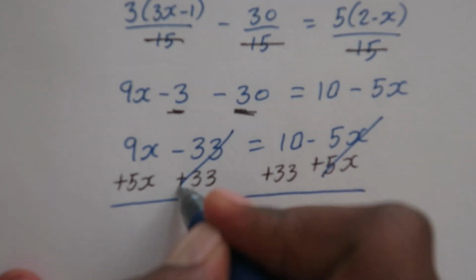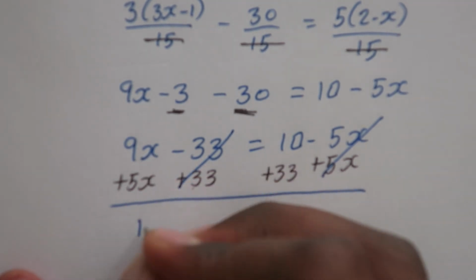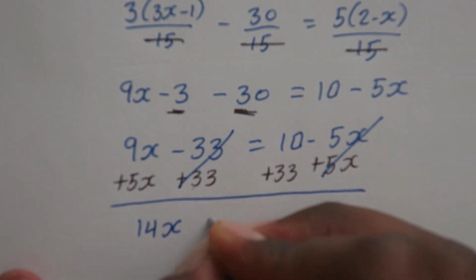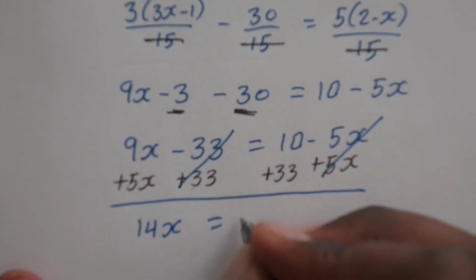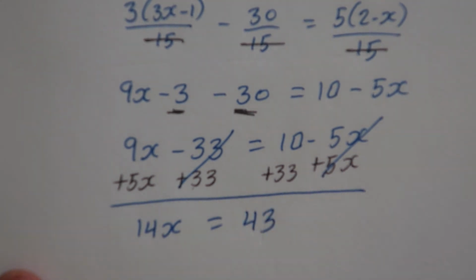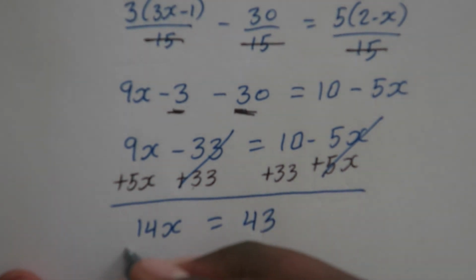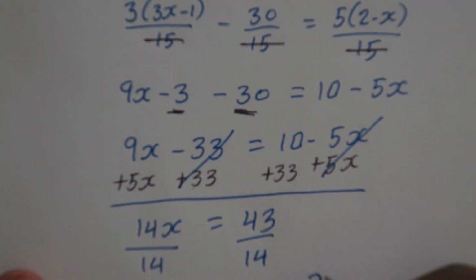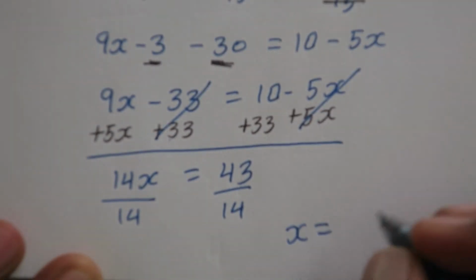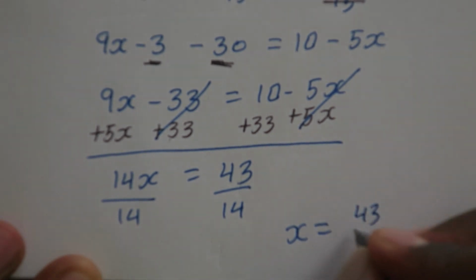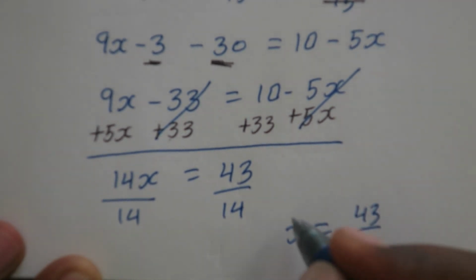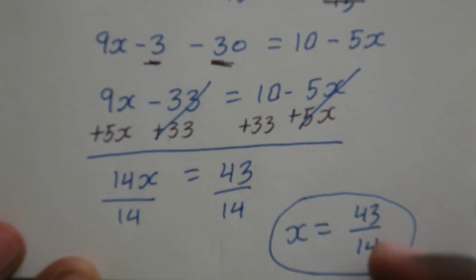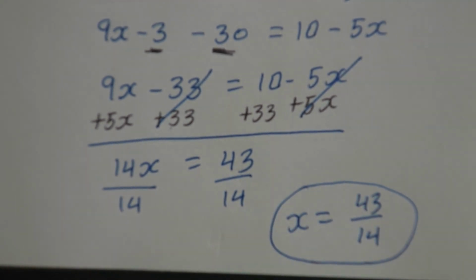This cancels, that cancels, this gives you 14x equals 10 plus 33 is 43. Divide by 14, divide by 14, answer is x equals the fraction 43 over 14. And again, you can simplify this if you want using a calculator. You can divide it.